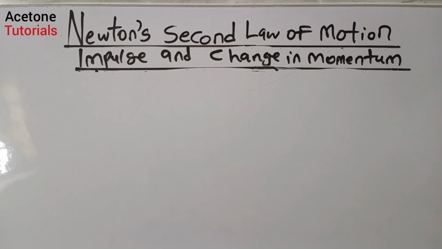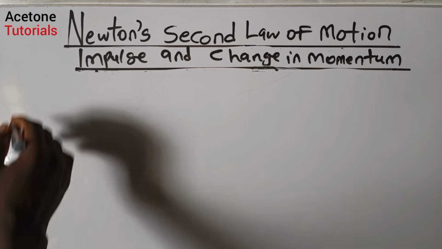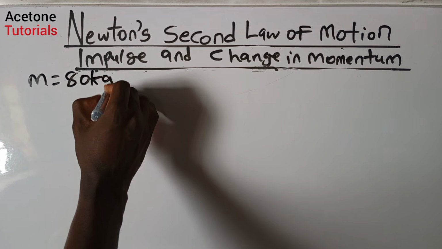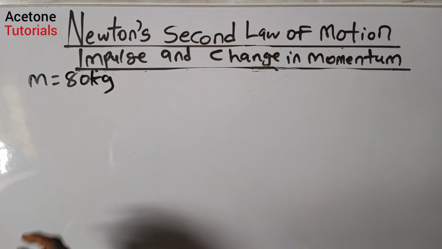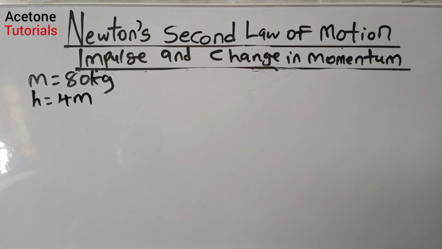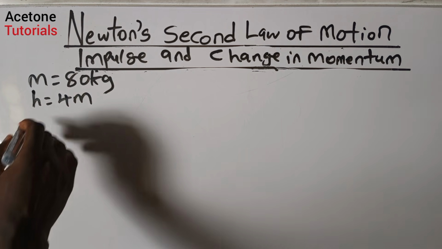Let us do one question on this. If a man of mass 80 kilogram jumps from a height of 4 meters onto the ground, calculate the force if he lands barefooted and the landing takes 0.01 seconds.